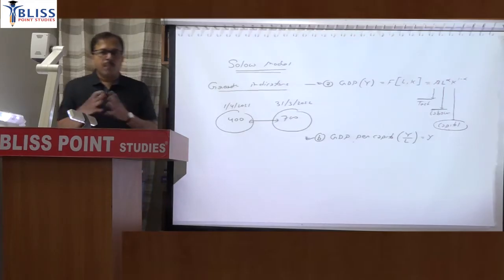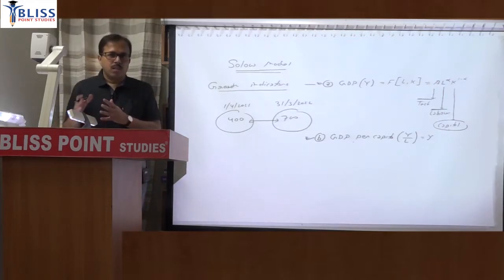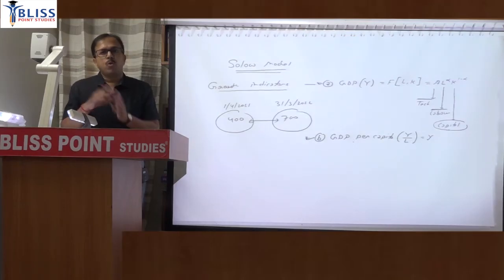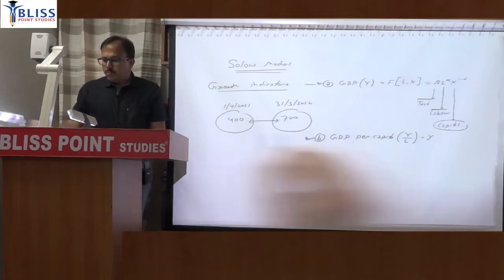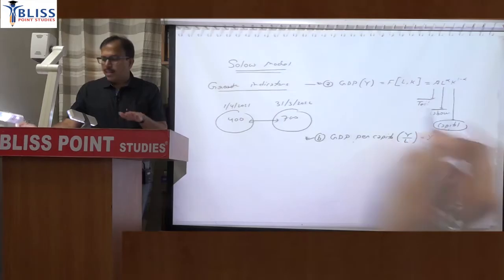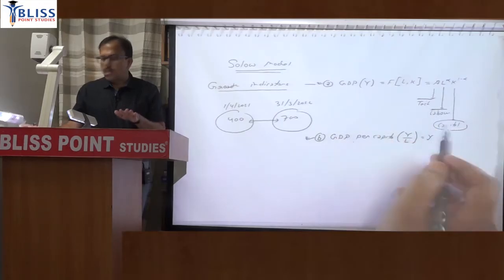Because the stock of plant and machinery has increased, the economy can now produce more output, because plant and machinery help to produce output. So if technology is constant and labor is constant, then growth depends upon capital accumulation.